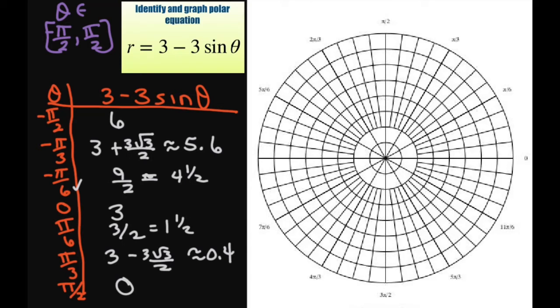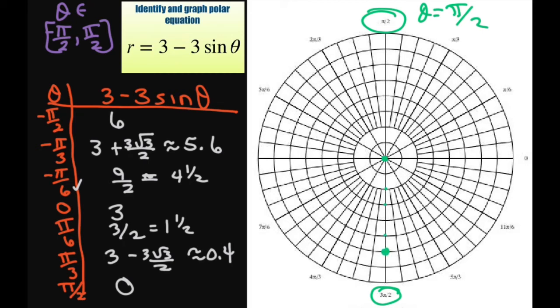So let's plot these points and then apply our symmetry to our axis, the angle equal to pi divided by 2. We're starting at negative pi divided by 2, which is here. This is your origin, so go out 6: 1, 2, 3, 4, 5, 6 right there.